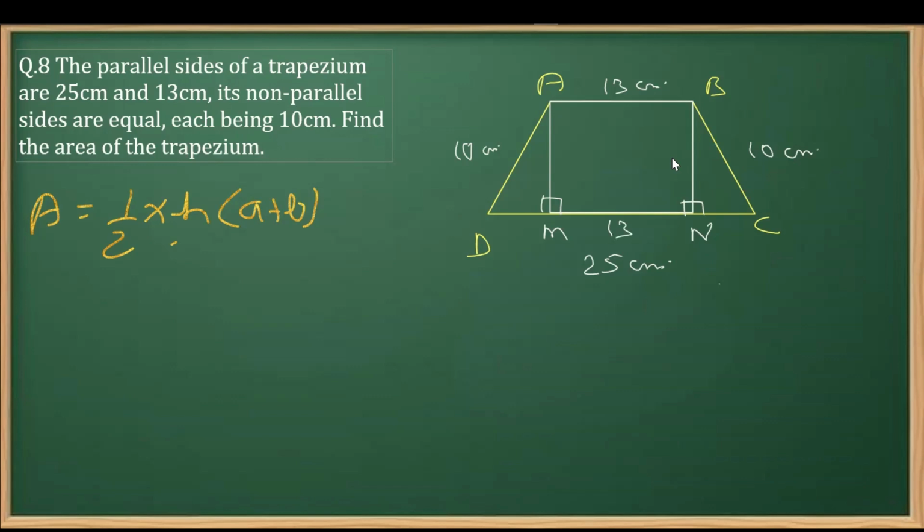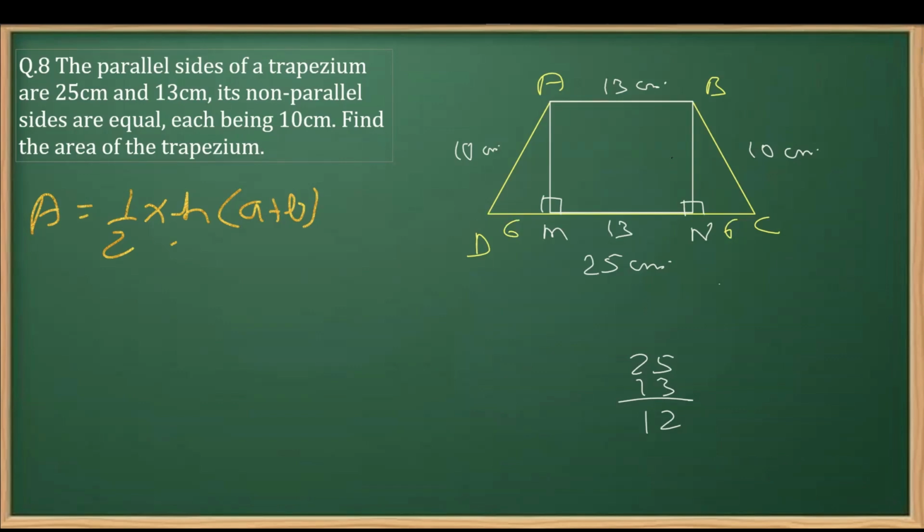If this is 13, 25 minus 13 is how much? 25 minus 13 should give you 12. So that's coming 12. So if this is 12, using the congruency concept, this will be 6 and this will be 6. That means DM and CN will be 6 each.